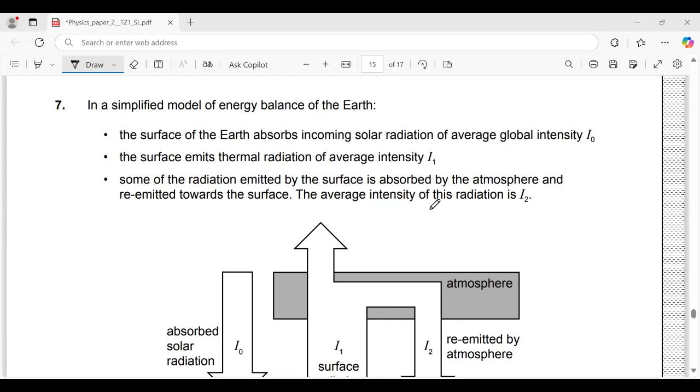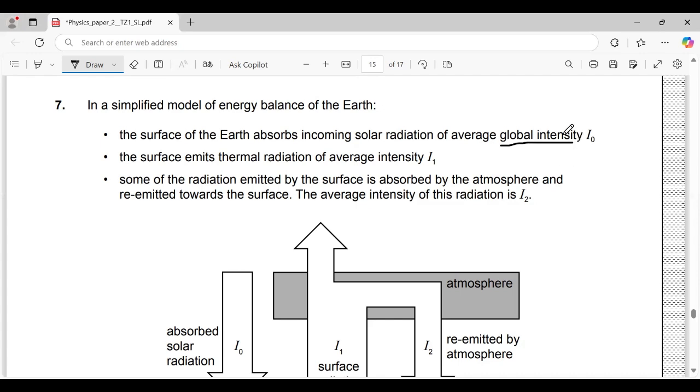The average intensity of this radiation is I2.